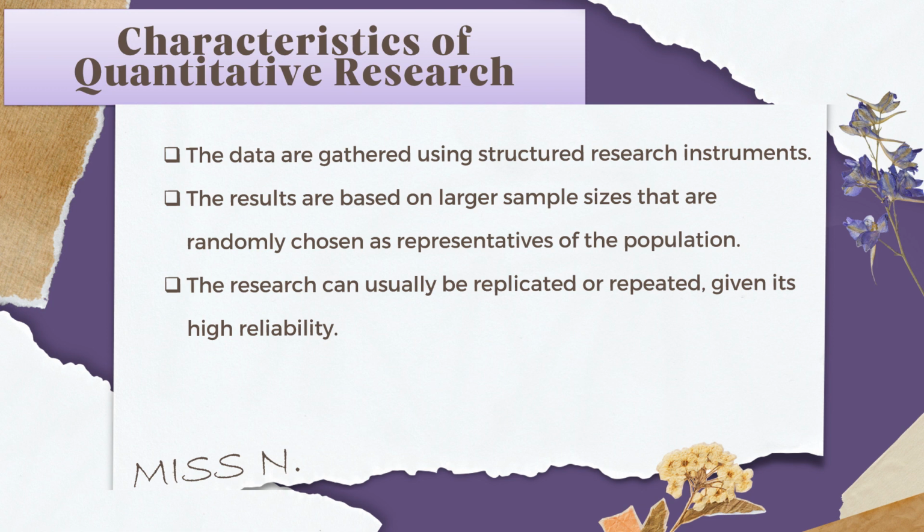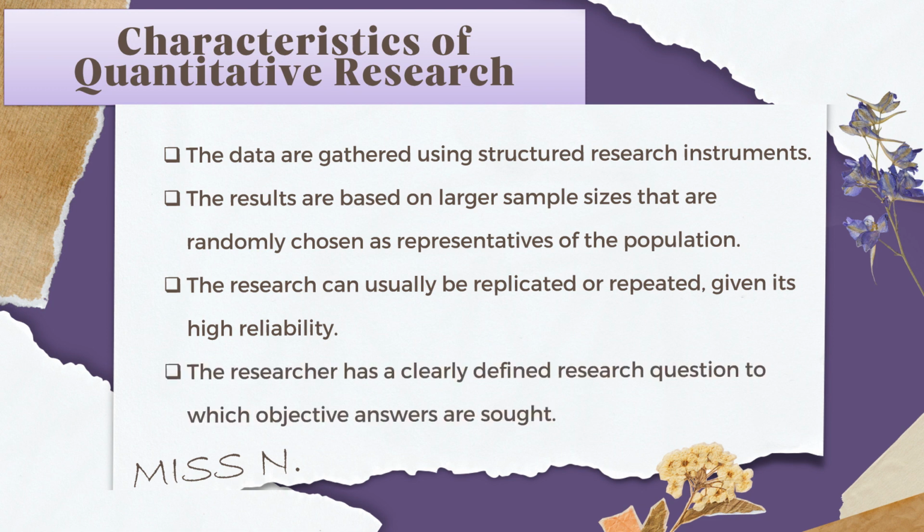So before the actual conduct of the survey questionnaire, the researcher must have a dry run for his study for the reliability test. Once the reliability is tested and the researcher has consulted the statistician, then the researcher can conduct the survey questionnaire right away.